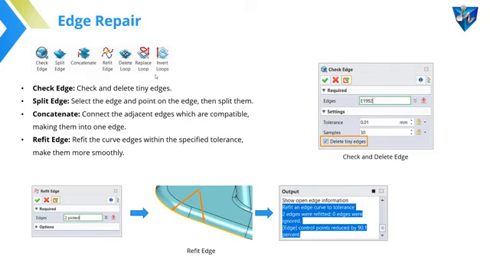With this function, after selecting the edge and the point, the edge will be split. Third, concatenate. With this function, the compatible adjacent edges will be made into one edge. Fourth, refit edge, as shown in the picture below. This function will refit the curved edges within the specified tolerance, making them smoother.